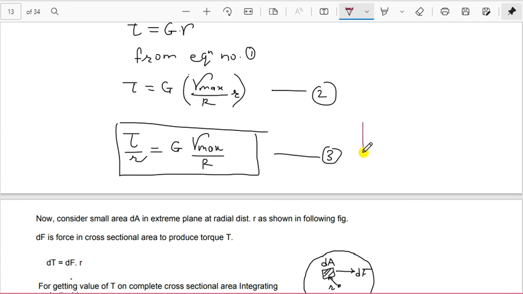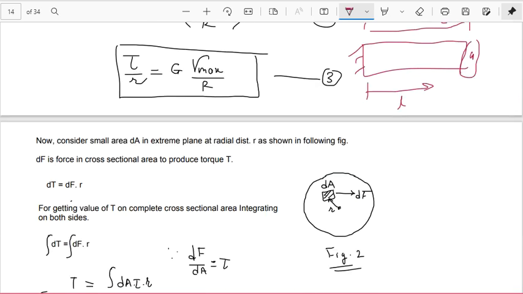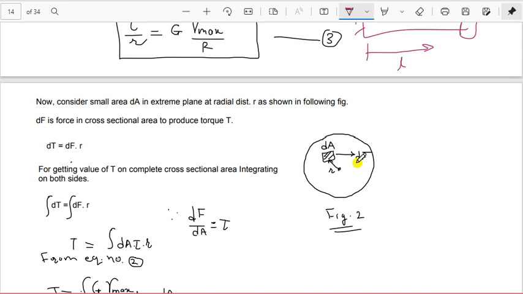Extreme plane means if this is a shaft, and it is fixed here, then if we start measuring from here, the extreme distance will be capital L. We are considering this plane and a small area dA in this plane, and the force is causing shear deformation. That means we can say this force is a shear force.